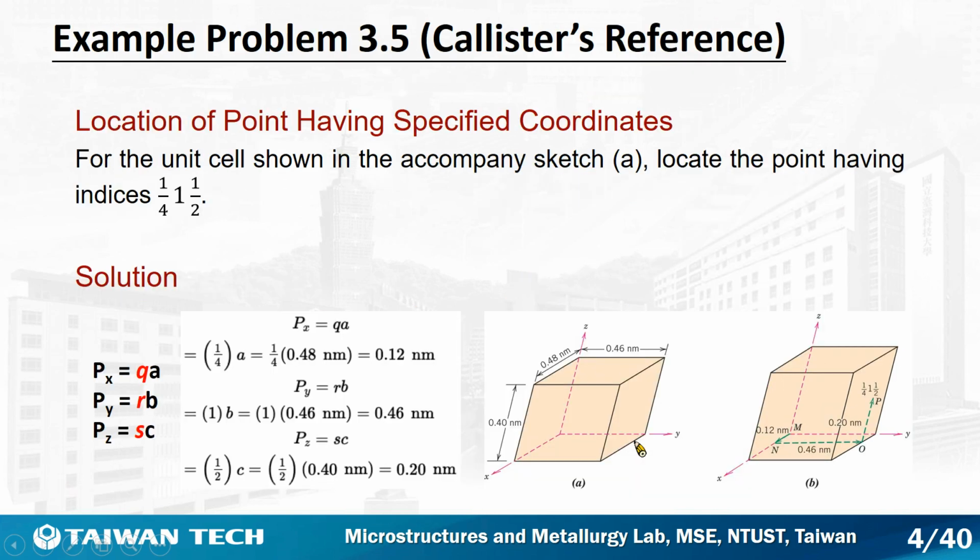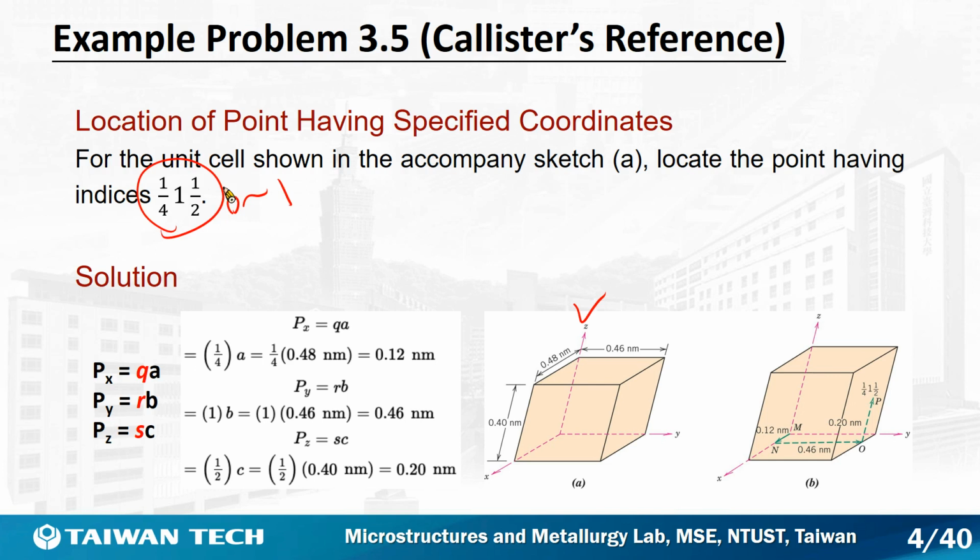Okay, let's see some examples. The first one: for the unit cell shown in sketch A, this one, try to locate the point having indices 1/4, 1, and 1/2. This is a half. As we said, the point indices are about fractions. They must range from 0 to 1.